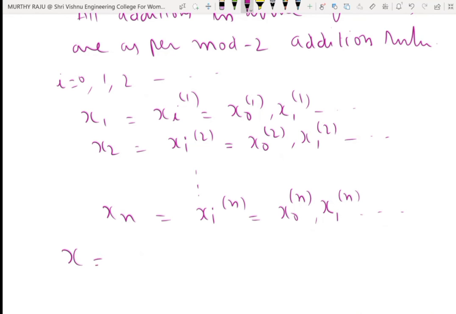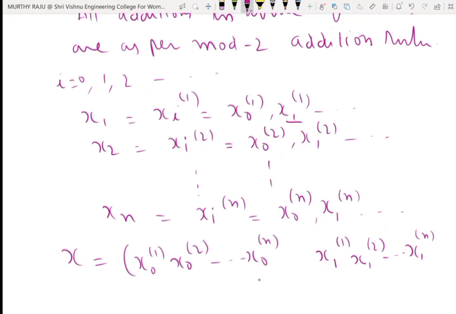Therefore, finally, x is equal to x0 of 1, x0 of 2, and so on, x0 of n. This is what the switch selects. Next, x1 of 1, x1 of 2, and so on, x1 of n, and so on like that.